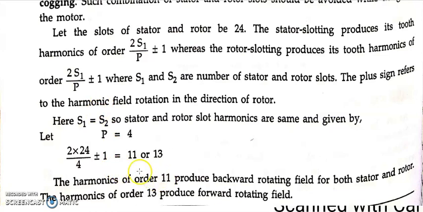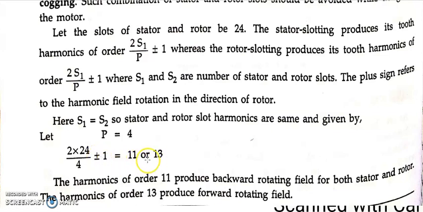If I take an example here, P equal to 4 as well as number of slots equal to 24 in both your rotor as well as stator. The same formula is there. After applying, with number of slots 24 and P equal to 4, you will find the answer as 11 or 13.